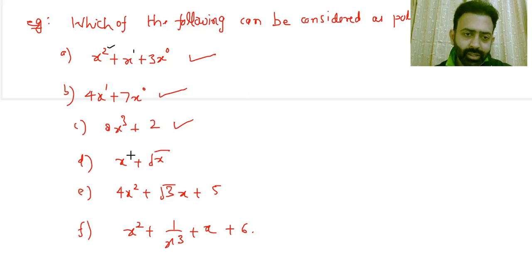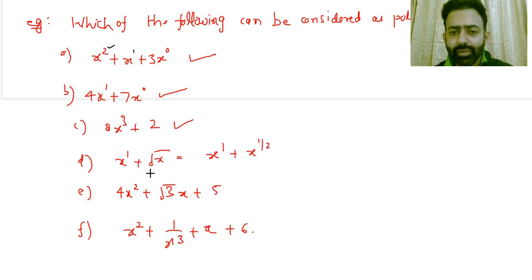In the d part, here the exponent is 1, and if I rewrite this as x raised to power 1 plus x raised to power half, because roots are written with fractional powers, x raised to power half is square root of x. This is positive, but it is a fraction, not an integer, right?